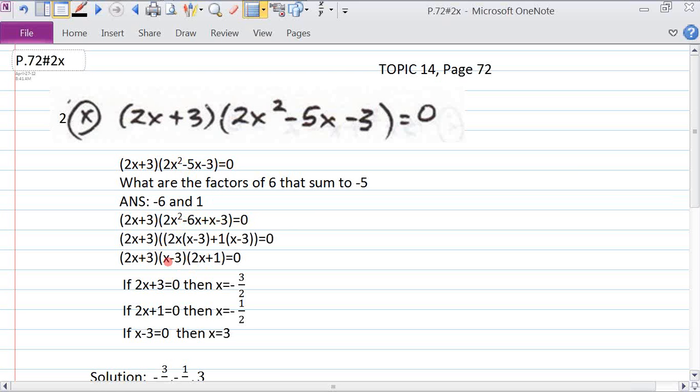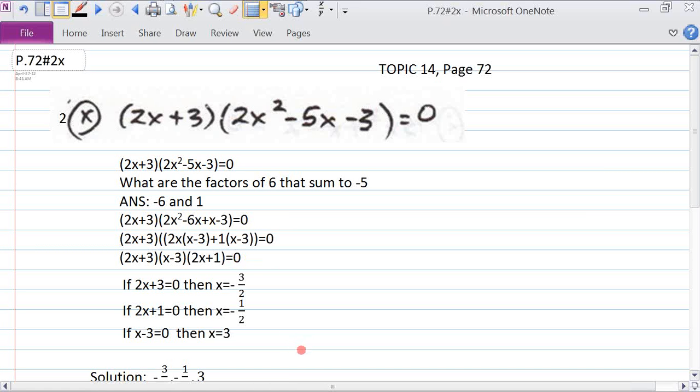And you'll notice that x times 2x in this line gives me the 2x squared. Minus 6x is the inner, plus x is the outer, and it sums to minus 5x. And minus 3 times plus 1 gives me minus 3.